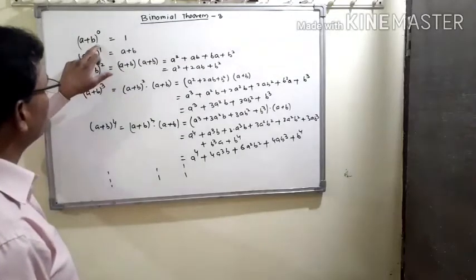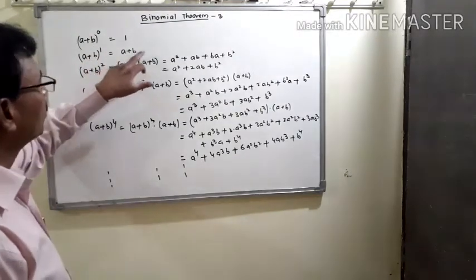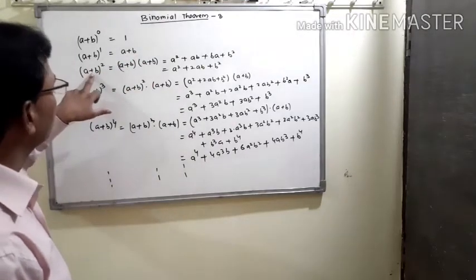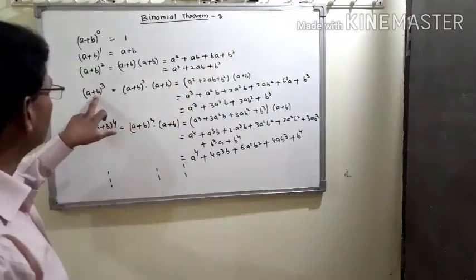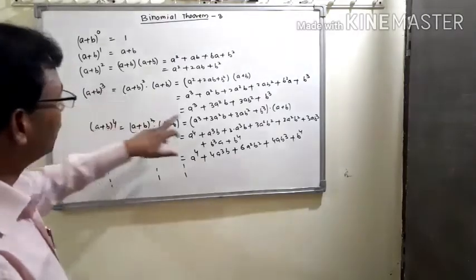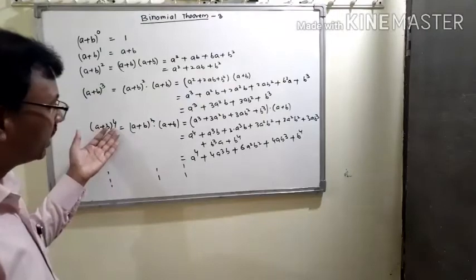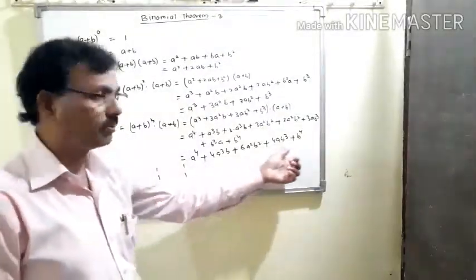If the power is 1, then the expansion has 2 terms. If the power is 2, then the expansion has 3 terms. If the power is 3, then the expansion has 4 terms. And similarly, if the power is 4, then the number of terms is 5.